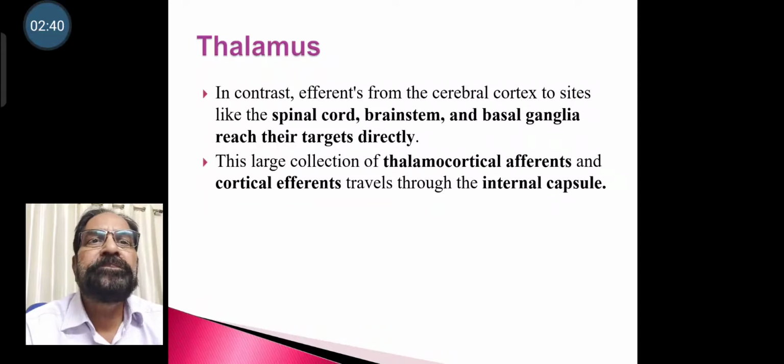In contrast, efferents from cerebral cortex to sites like spinal cord, brainstem, and basal ganglia reach their targets directly. This large collection of thalamocortical afferents and efferents travel through the internal capsule.